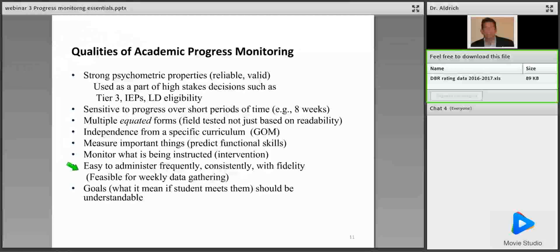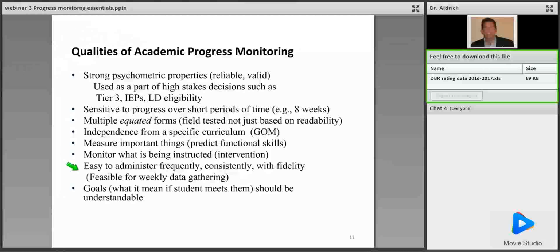If you're doing progress monitoring weekly, it needs to be easy to administer consistently with fidelity. And the guidelines for New York State RTI, as well as the National Center for RTI, say that Tier 3 students should be getting weekly monitoring. If you're doing weekly monitoring, you can't be doing an assessment that's taking a student out of instruction for 30 or 60 minutes.